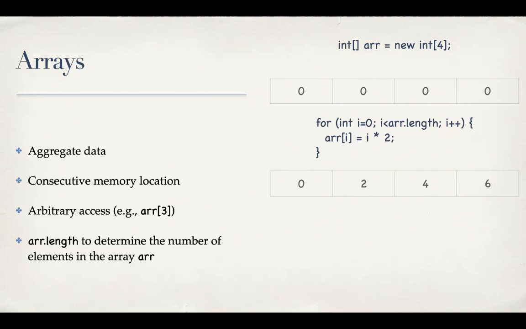Now you can access or print one of the values, say System.out.println of arr[2]. That will give us 4. Indexing starts at 0. If you try to do something outside the index range, like in this case, then you'll get an index out of bounds error.